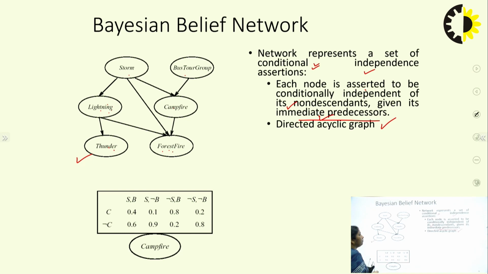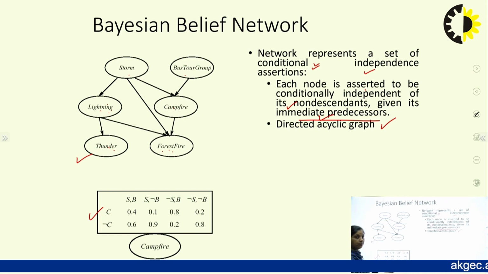Now, what will be given for probabilities in Bayesian belief networks? We will be given a probability table. Formally we will discuss what we call it on one of the formal definition slides further. What is given in a Bayesian belief network is talking about conditional independence.